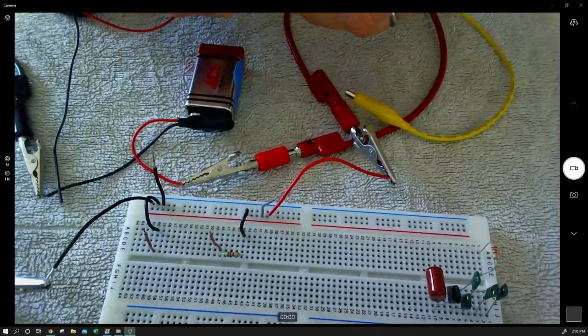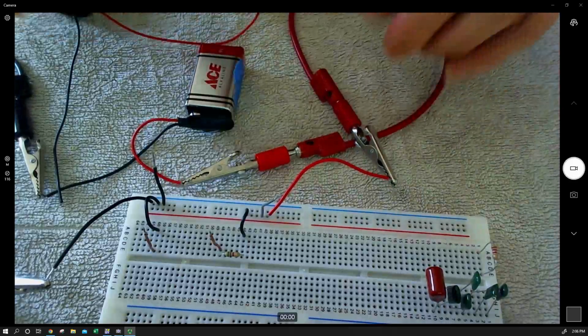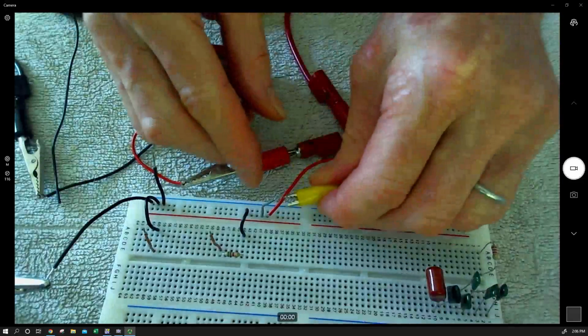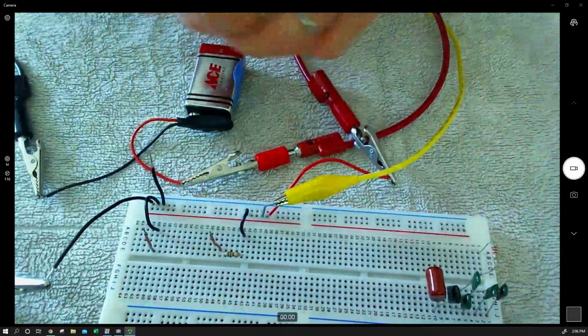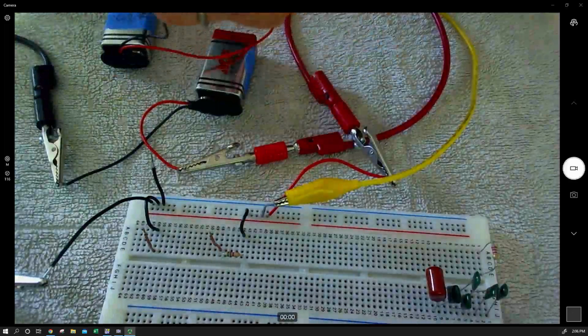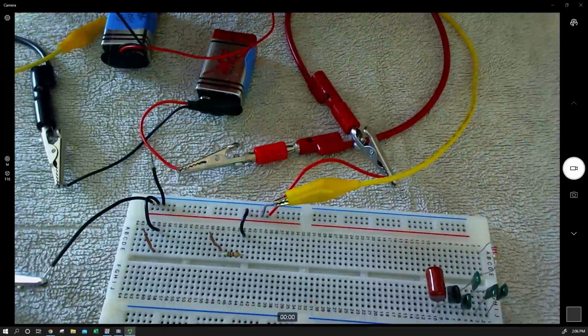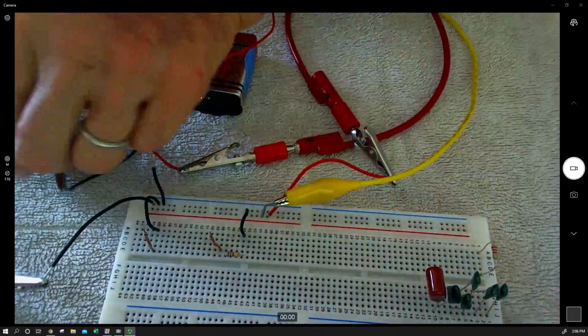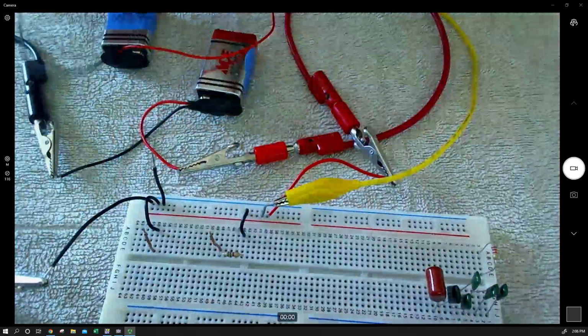So I am going to use my measurement point now to add a second source in parallel, as a second battery, with a second set of alligator jumpers, because I have stranded wire.